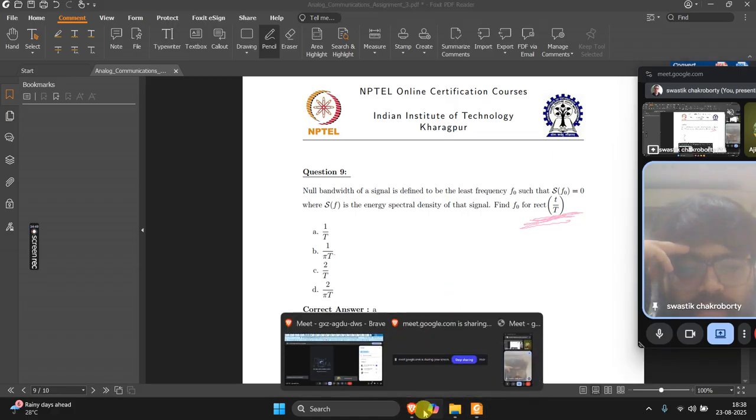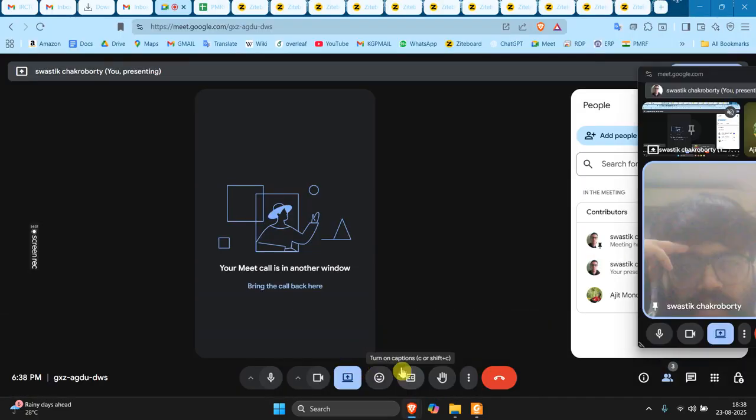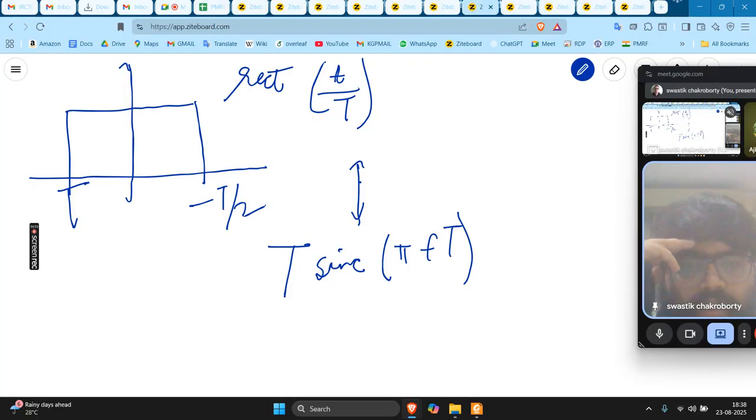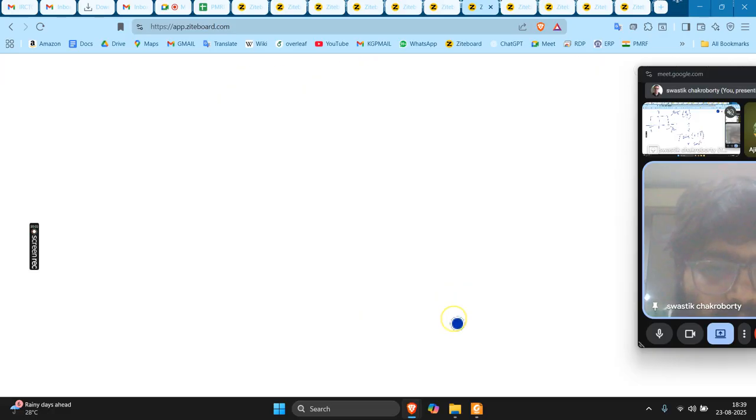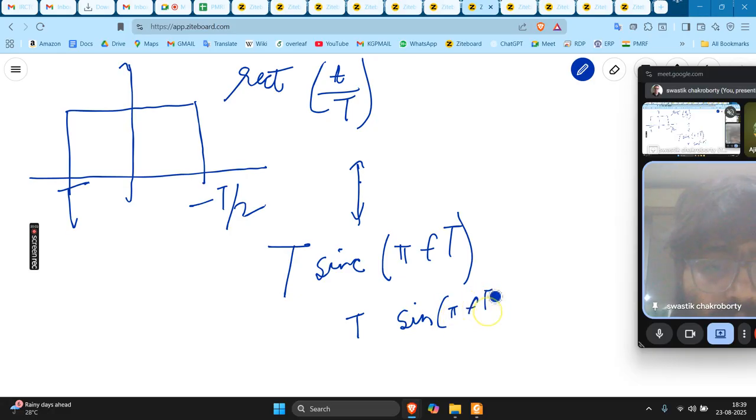Now we have to find the first zero crossing point of T sinc pi f t. So T sinc pi f t means it is T sine pi f t by pi f t.